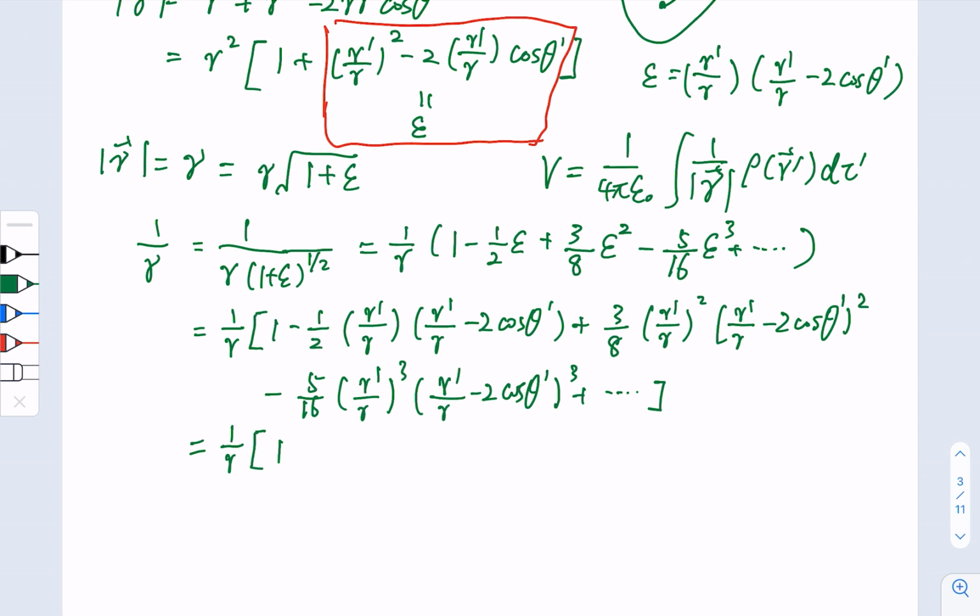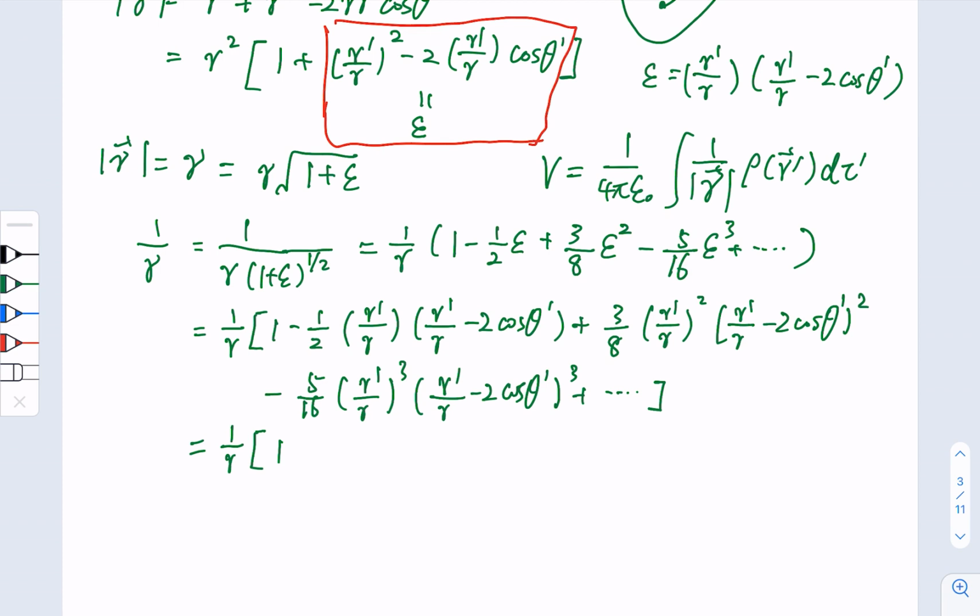Let me see. And okay, so there are also terms that involve r prime over r and r prime over r. So this term is r prime over r squared, but this term is of a lower order. So we also need to try to collect.